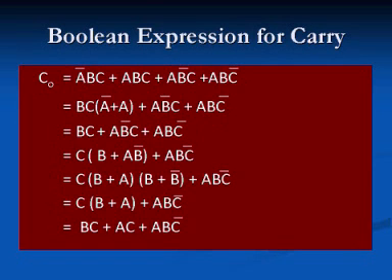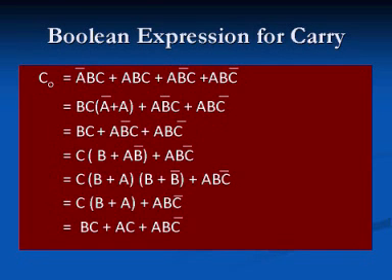Now taking C common from the first and the second term, we can write C naught is equal to C into bracket open B plus A B bar bracket close plus A B C bar.